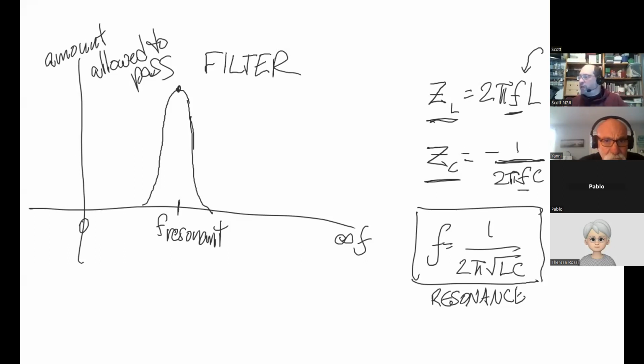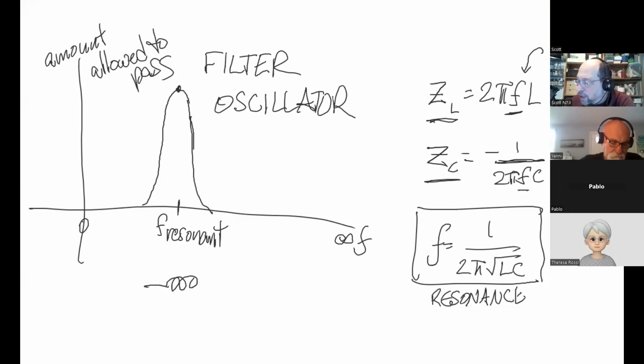We can also use this to generate frequencies. If we use it to generate frequencies, in particular, one frequency at resonance, we call that an oscillator. So a simple circuit that contains an inductor and a capacitor is the basis for every frequency dependent thing that we will ever do.